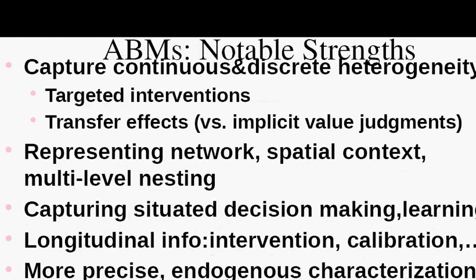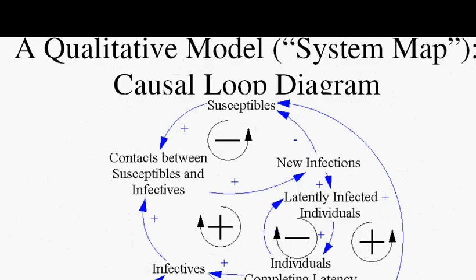And because system dynamics models can be analyzed, you can take a causal loop diagram and highlight certain feedbacks that are currently driving the system. So early on, perhaps it will be the new infections, contact with development of latently infected individuals getting out of latency, becoming infective, causing new contacts and transmission of new infections.